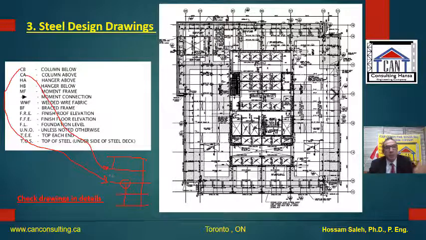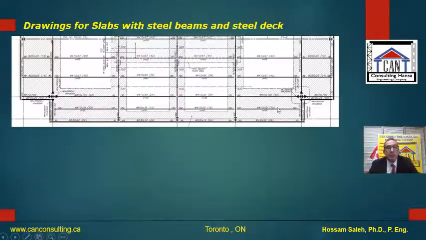So you can have something called column above, column below, and you can have top of steel, and unless noted otherwise. So you have to go through these notes, which will be at the beginning of the general notes, at the beginning of the project. And here, if you go to the second drawings, that's a big area or another area of the project.